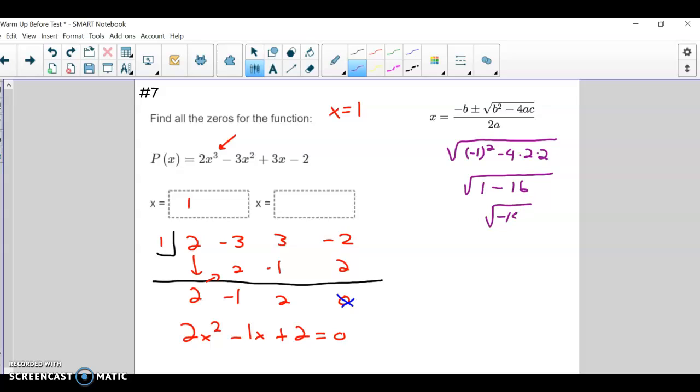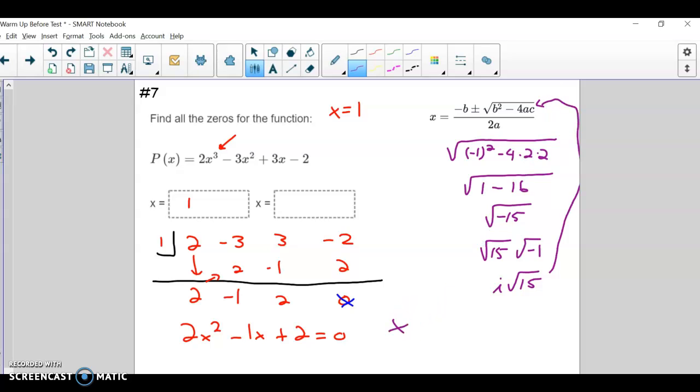So I know that's going to have an imaginary in it, and then I can think, do any perfect squares divide 15? They don't, so all I'm going to do is pull it apart. So I get i root 15. Okay, and that is this part of the quadratic formula.